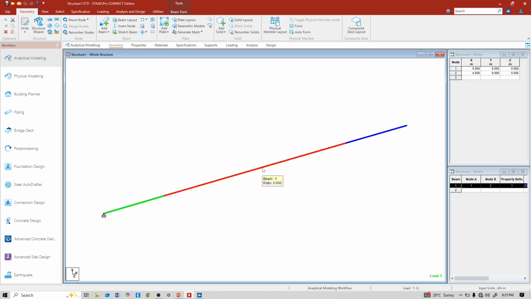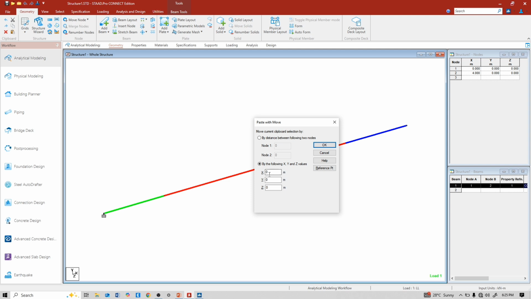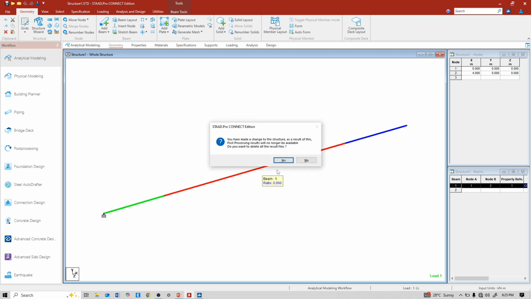Let's copy this and paste at x, so z is equal to 5 meter.